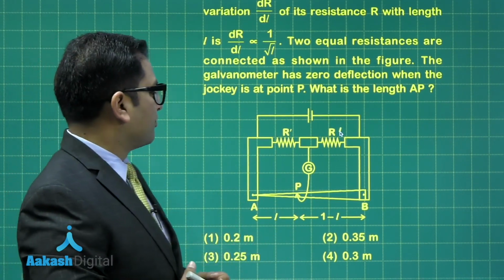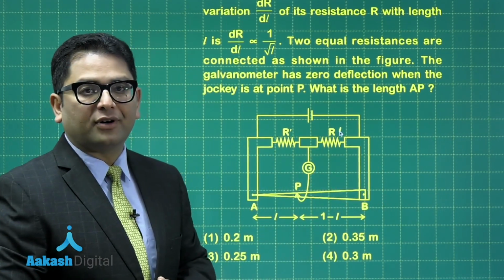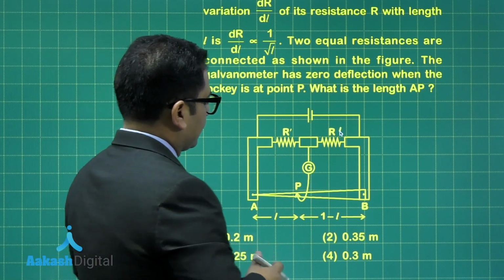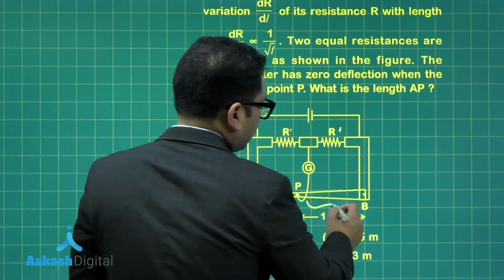Quite obviously it can't be the midpoint because the meter bridge's wire is non-uniform. So what I am supposed to do is calculate this resistance and this resistance.